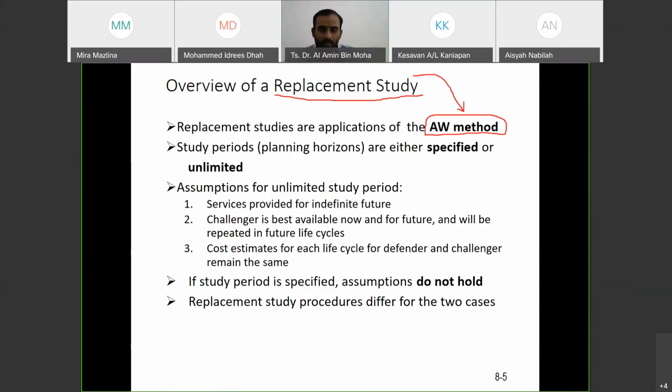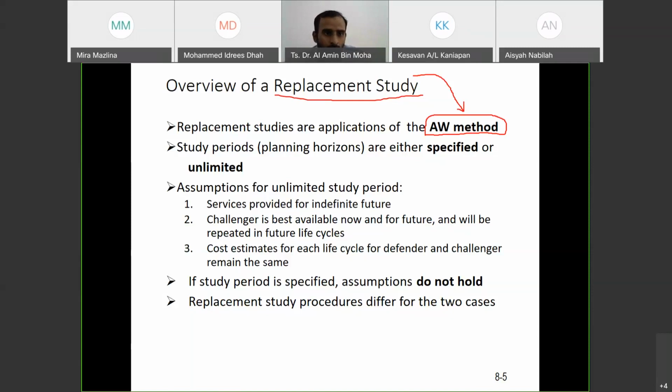Although they give a different N, they may give you N of 5, 10, or 20. If you want to calculate using P, then you need to manually shift everything to P, and it's not equal in N. But by doing AW, it's easier for us to compare. So please remember, for a replacement study it is AW, annual worth.